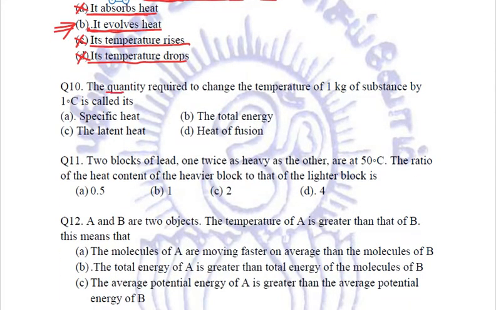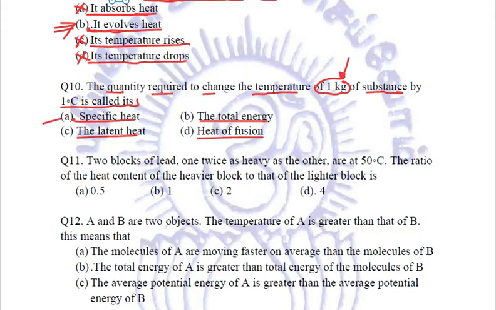The quantity required to change the temperature of 1 kilogram of a substance by 1 degree Celsius is called its. Is it specific heat, or latent heat, or total energy, or heat of fusion? We are talking about changing the temperature of 1 kilogram unit mass of a substance.